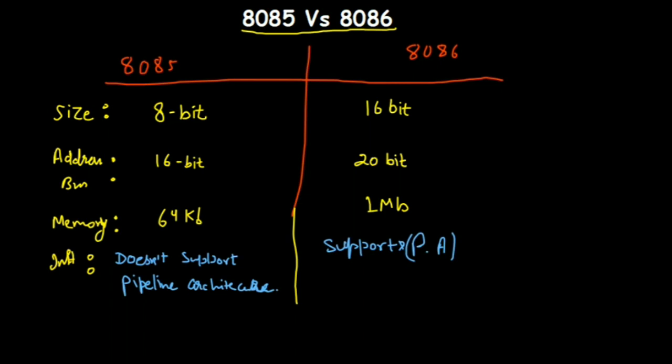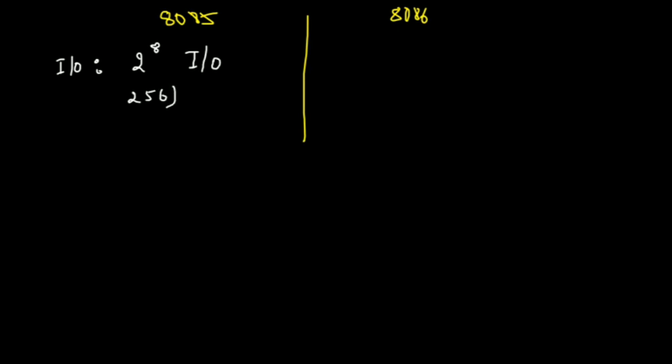Okay, let's use the next page for the next data. As before, 8085 is here and 8086 is here. And now the next point is input output. 8085 can address 2 to the power 8 input outputs, or you can simply say 256 inputs and outputs in one instruction cycle.